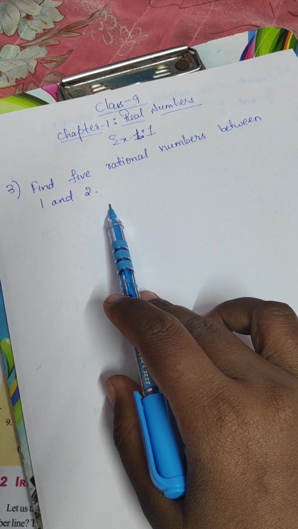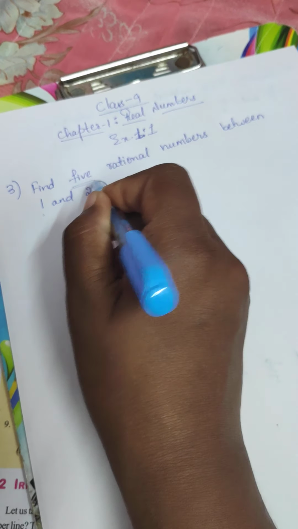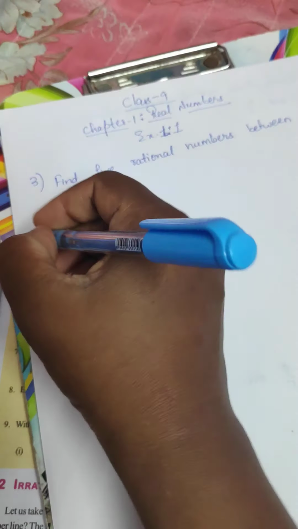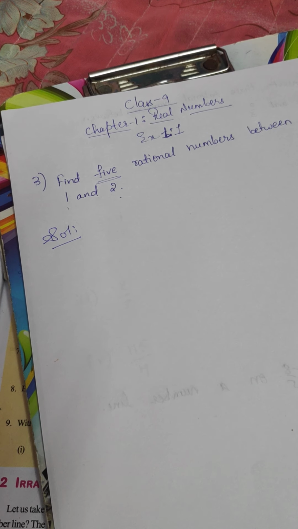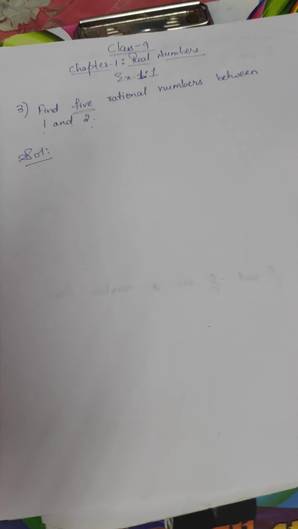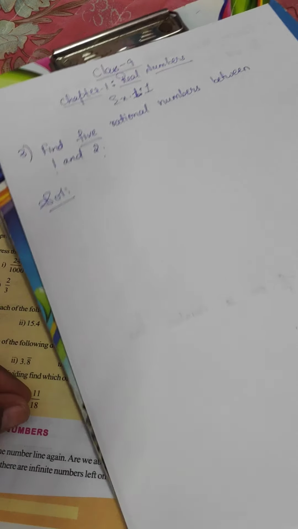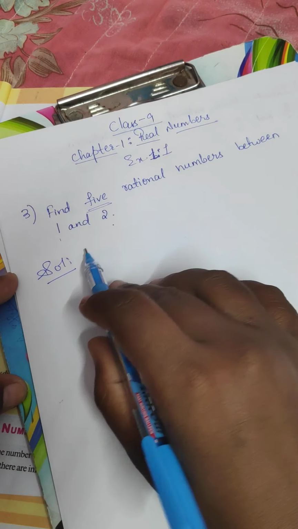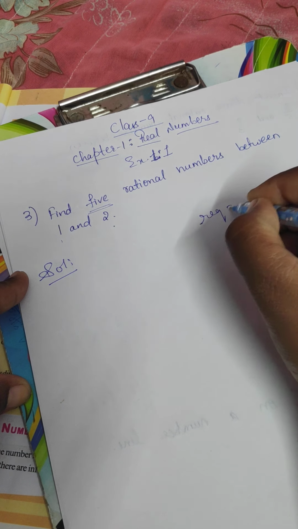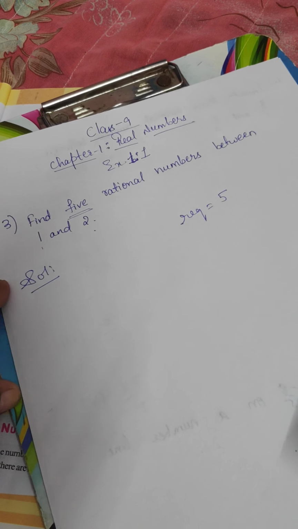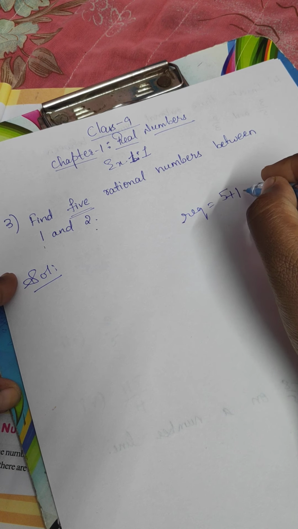One is the mean method. The other method, we will do here because we have to find 5 rational numbers. The solution is: the required number is 5, and we have to add 1 more to the required number.